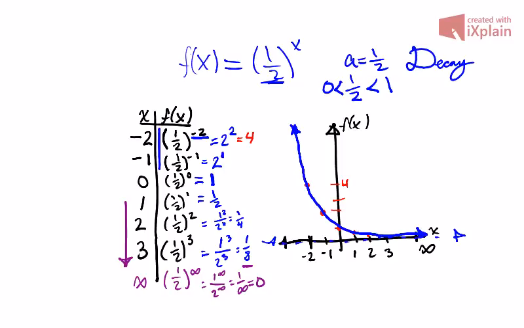And remember that the horizontal asymptote is still at y equals 0. But notice that the function is decreasing. As I start approaching infinity for my positive inputs, my function is decreasing.